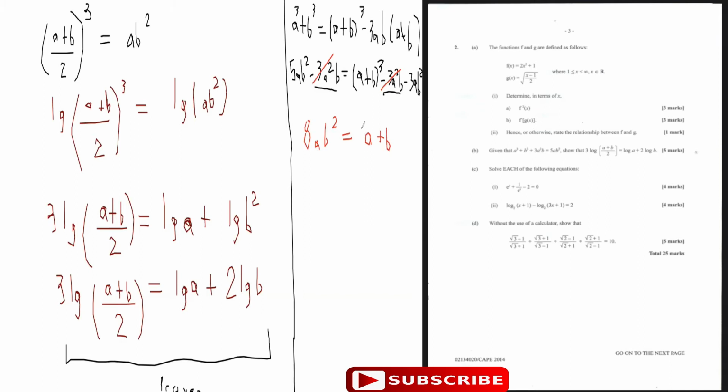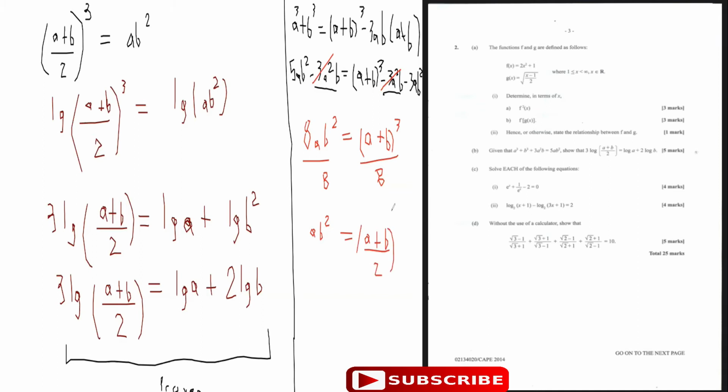And then when you have this part now, you can divide both sides by 8. When you divide both sides by 8, you're going to end up getting that ab squared is equal to, now 8 is 2 cubed, so it really works out to be a plus b over 2 all cubed.